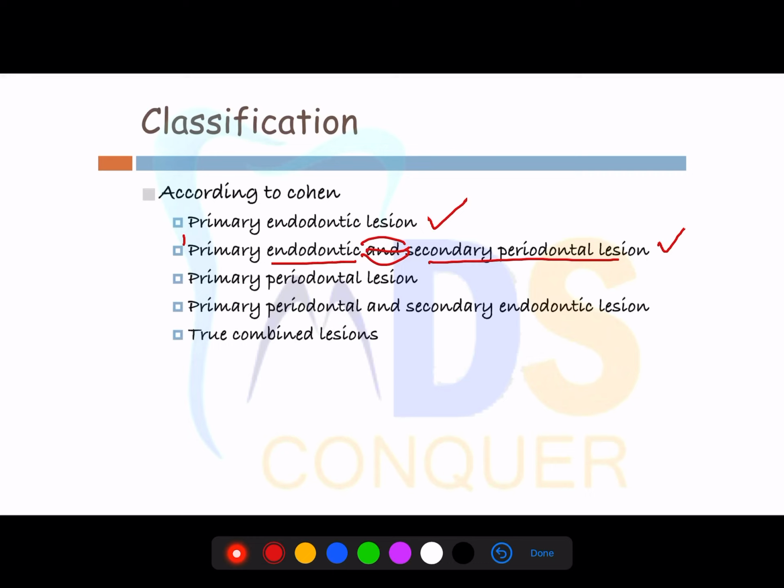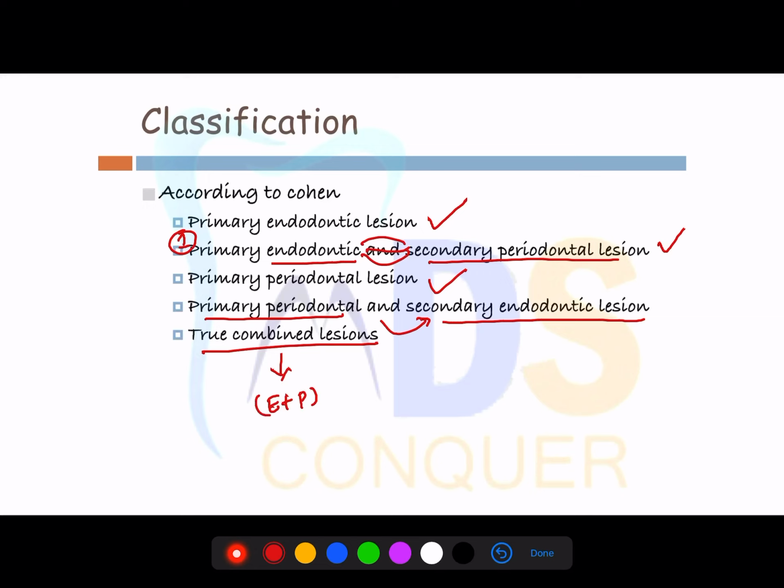Then primary periodontal, and primary periodontal, secondary endodontic, which means it started on the perio side but spread to the endodontic side. And the last one, which is very important: a case where you cannot judge whether it is primary endo or primary perio but has endoperio lesions, meaning two separate lesions. Such lesions come under true combined lesions, that is endo plus perio.